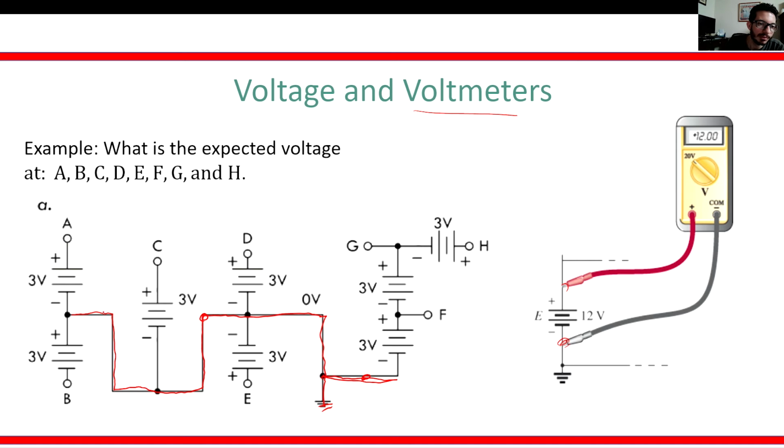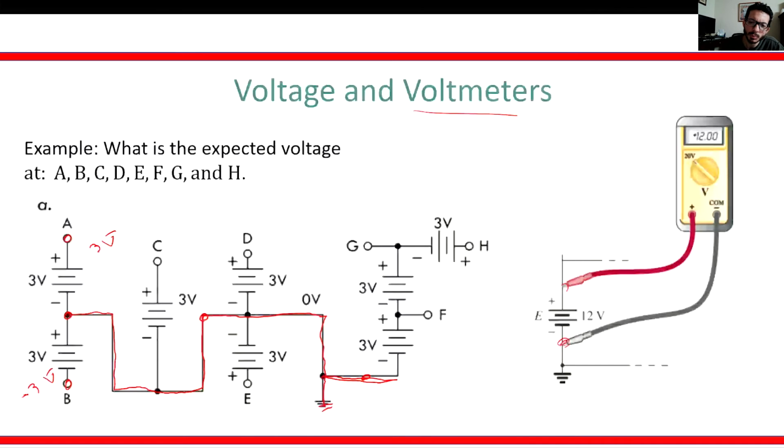But if you measure from here to A, it will be 3 volts because you're going from ground to positive 3. Now, if you measure from ground to point B, it will give you negative 3 volts because you have what is called polarization. Electric potential is polarized, and that's why you have a red probe and a black probe.